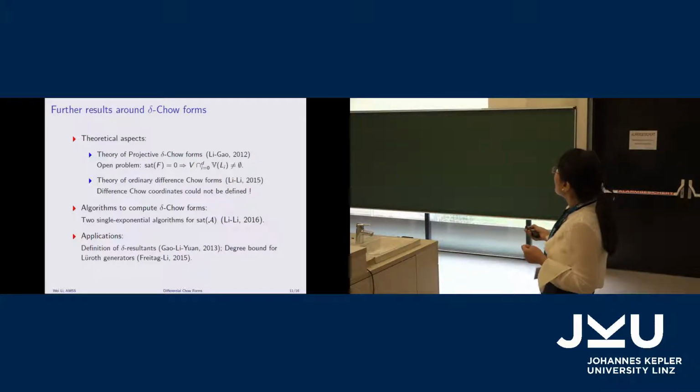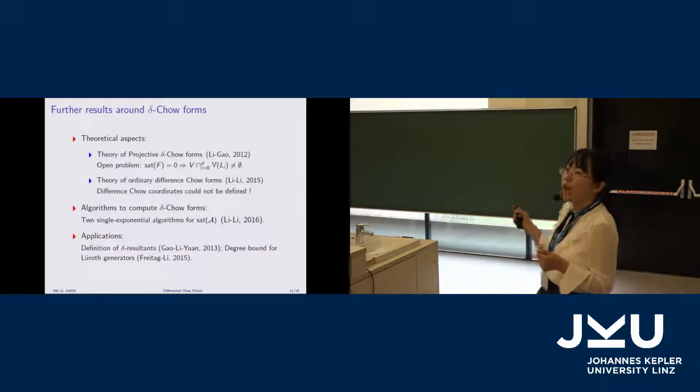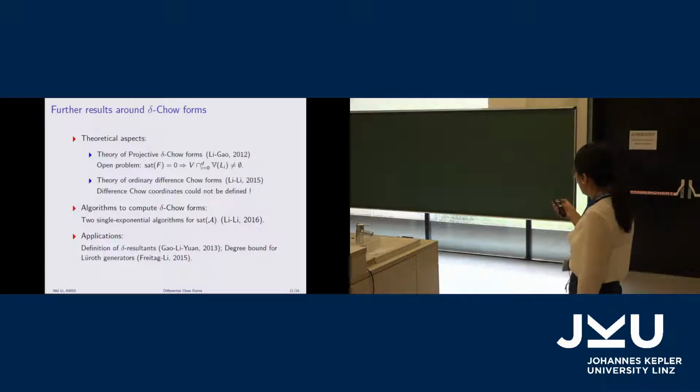So in this case, it may happen that several irreducible components of the same irreducible polynomial may have the same ordinary difference Chow form. So the Chow coordinates could not be defined in this case.